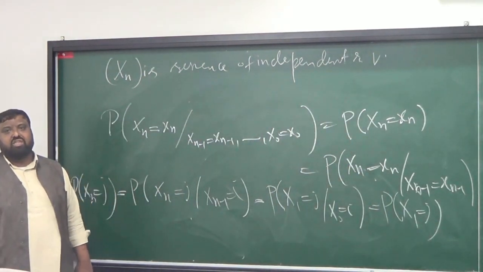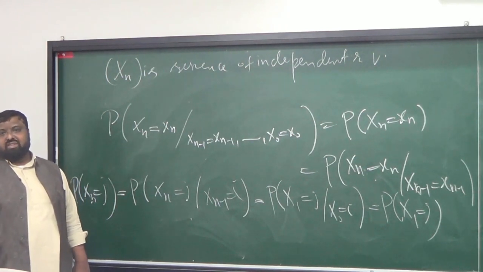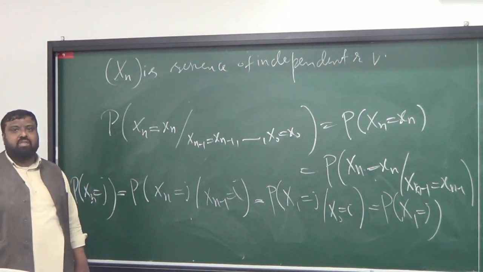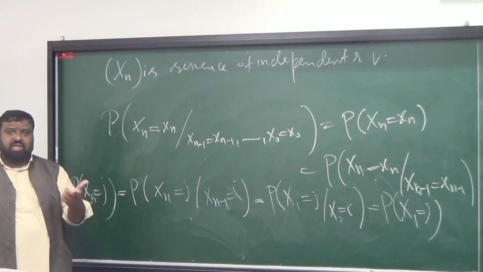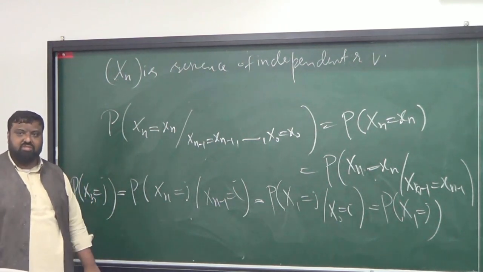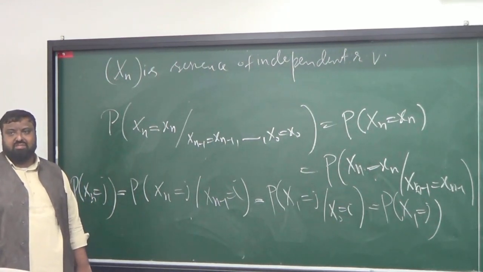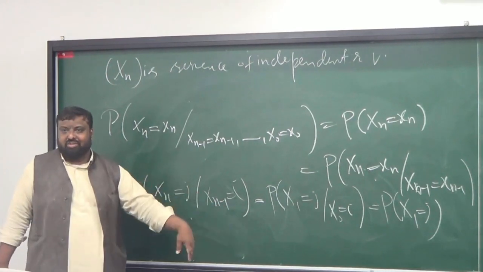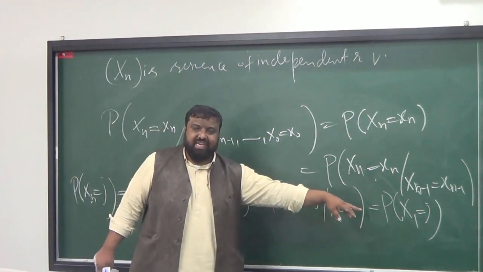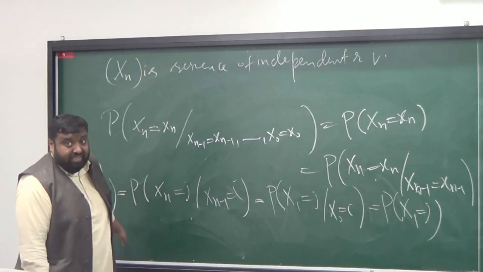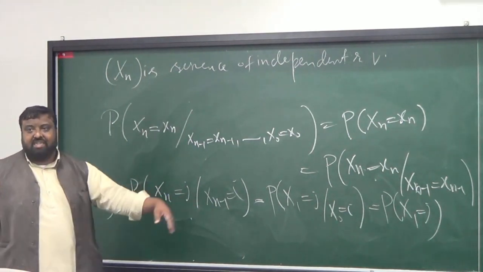In other words, for each step you have a fixed probability actually. What does it mean? Identically distributed. So X1 has the same probability as Xn, so it must be identically distributed.